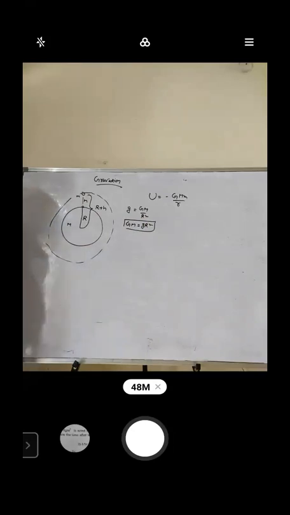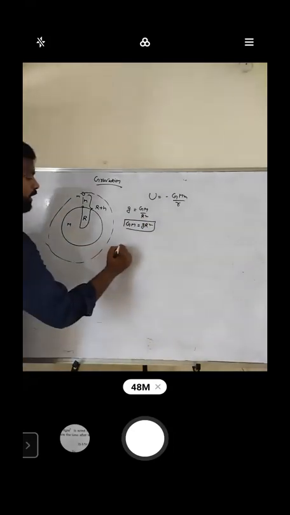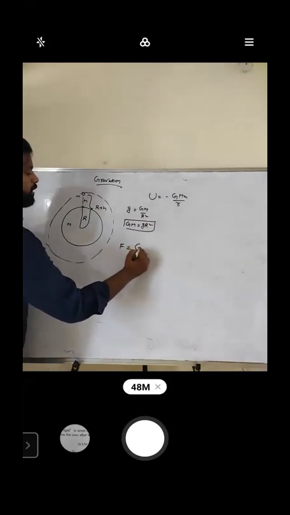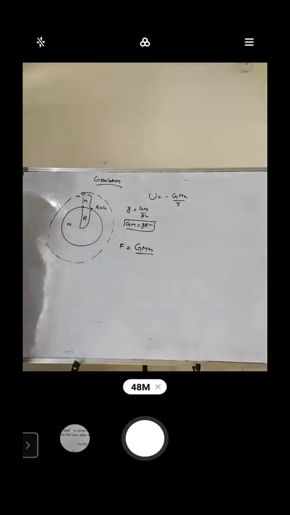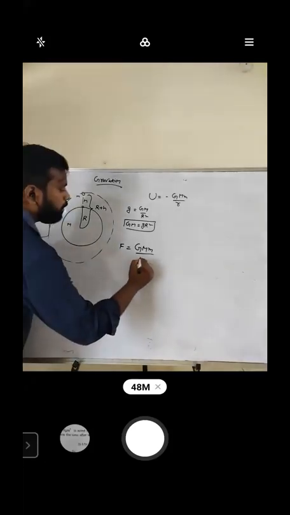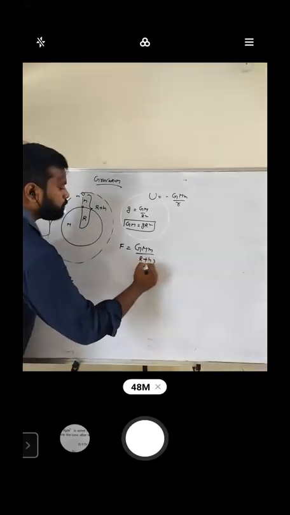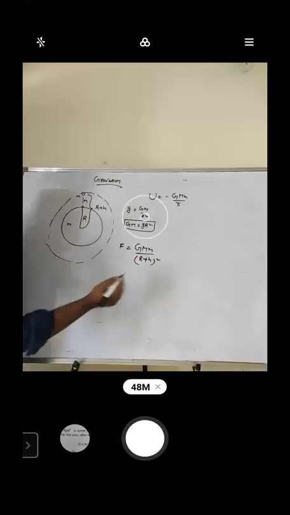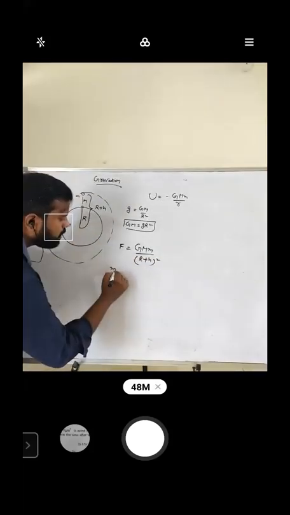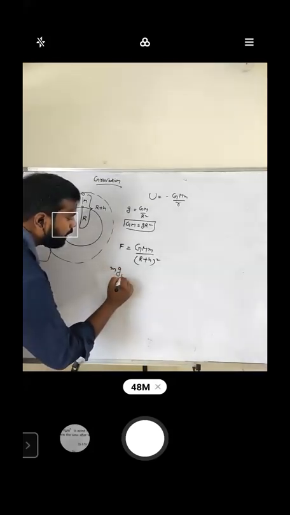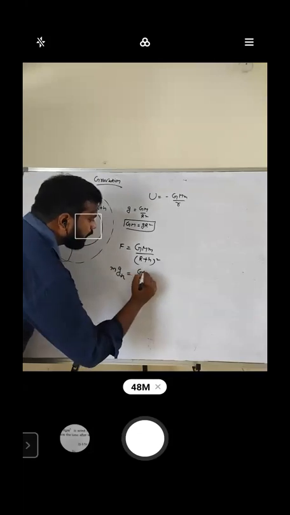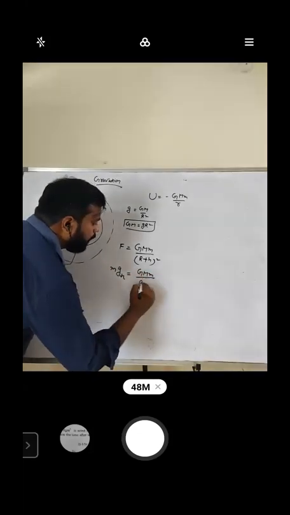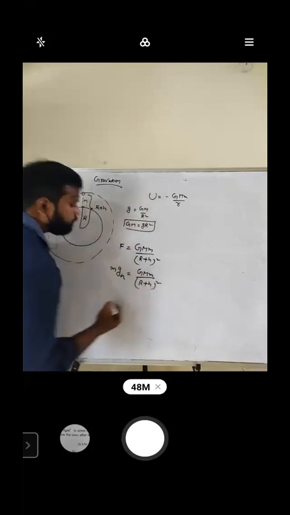Using Newton's law, we can write F equal to G capital M small m by, what are you going to write? R plus h whole square. Very good. So F equal to mg, mass into acceleration due to gravity at certain height h, equals G capital M small m by R plus h whole square.